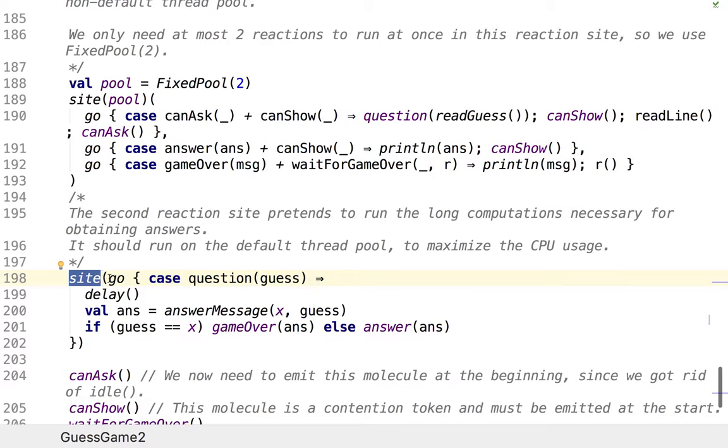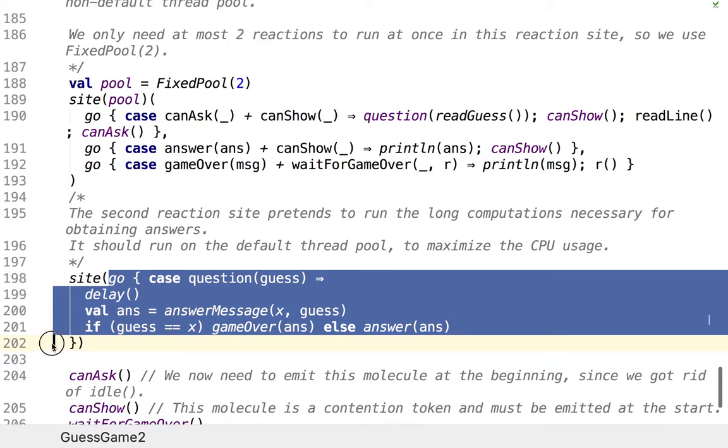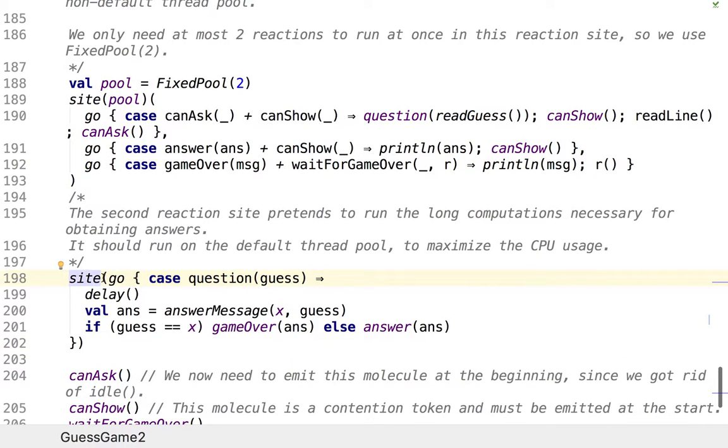So I put this one reaction, the computation of answer, into its own reaction site that uses the default thread pool. So this will use all cores, as many threads as cores. On this computer, this will be 4 cores. And all other reactions are in the other reaction site, which has a custom pool.